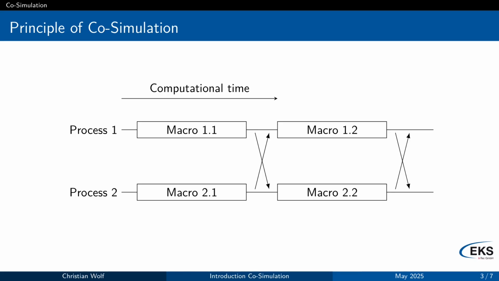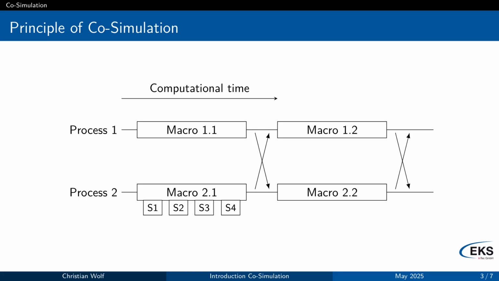So this is very similar in some sense to the Euler forward, but it has a significant difference because such a macro step, just here at 2.1 shown, consists of multiple, doesn't matter how many, individual steps. So you could use, for example, your Euler forward to do such a macro step, but this macro step is not just one step in the Euler, but might be 100 or 1000 steps.